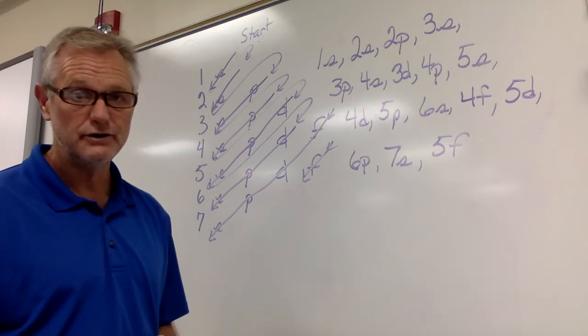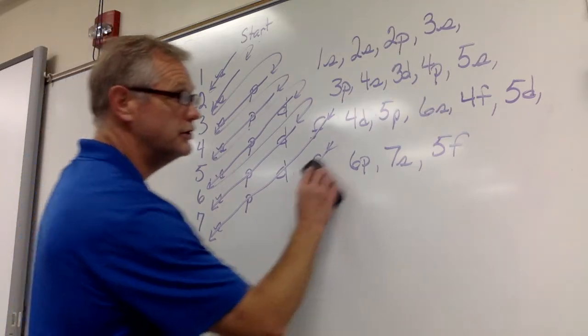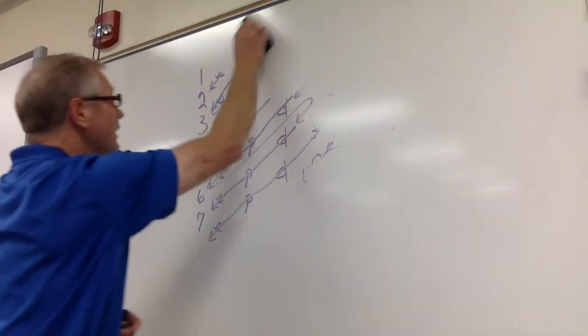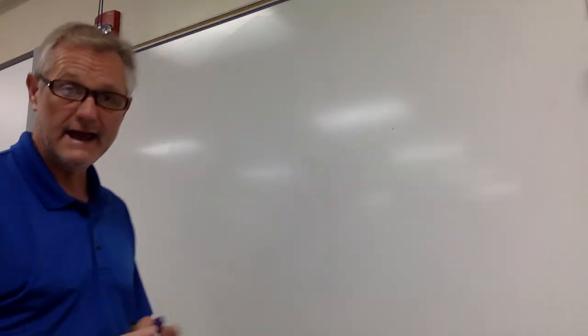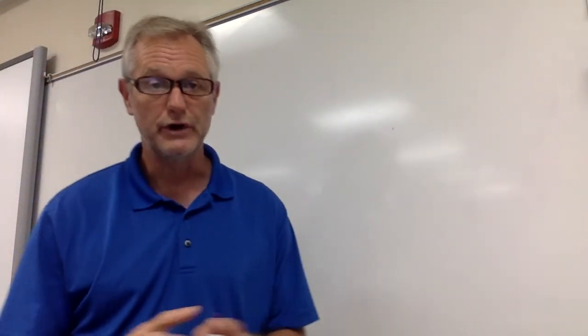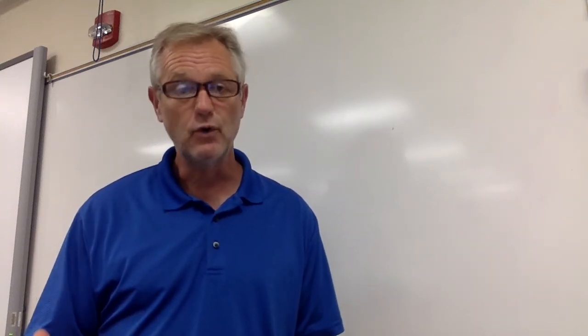So what I would like to do next is give you your next assignment. What you're going to do, and I'm going to erase this, on a clean sheet of paper, you're going to go through and write out the pattern. And again, I'm going to go all the way through it this time without explaining every little detail. Okay?